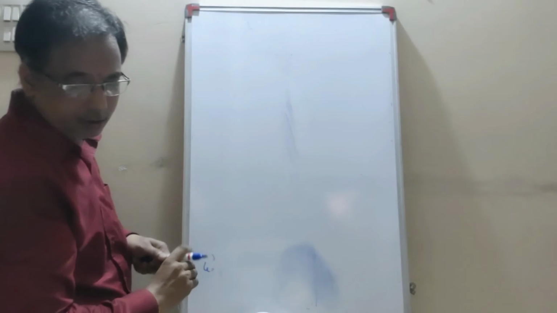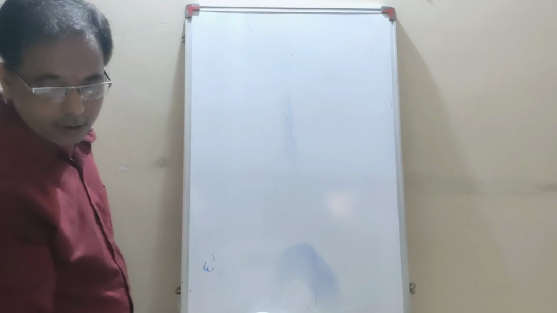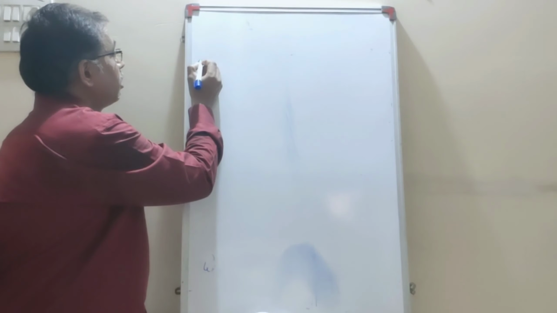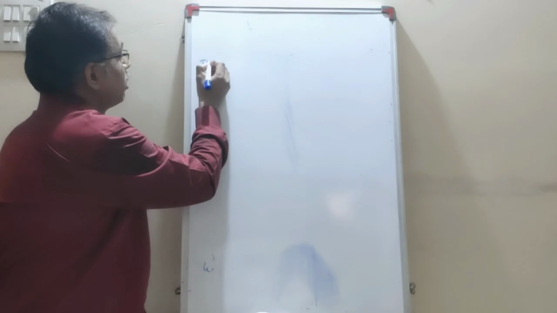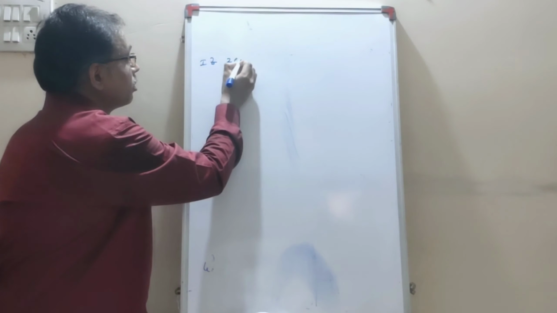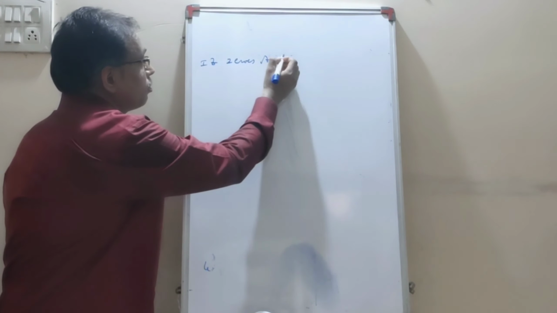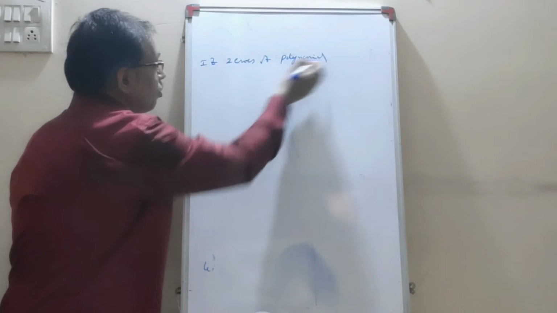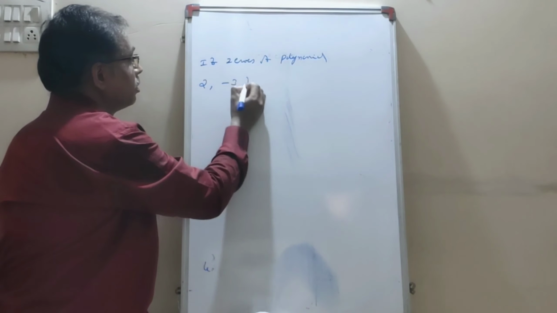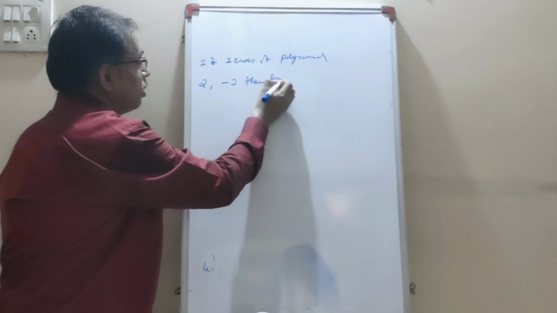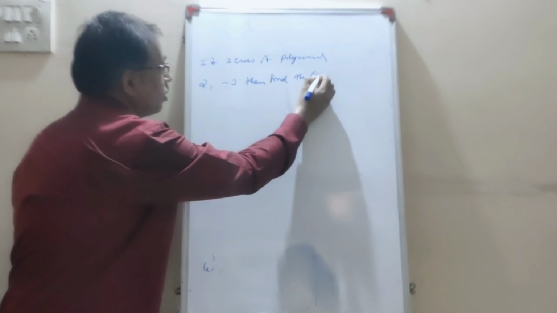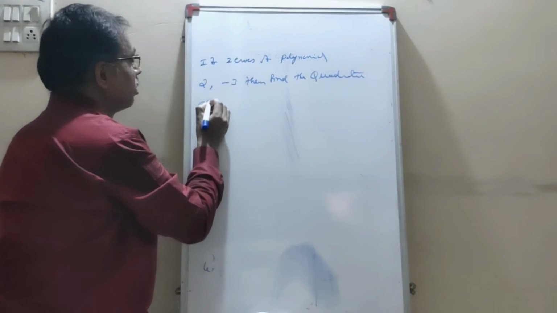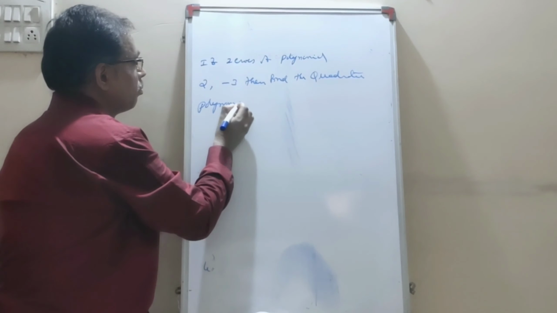For example, if alpha is 2, beta is minus 1, if zeros of the polynomial, otherwise, if zeros of the polynomial are 2 and minus 3, then find the quadratic polynomial.